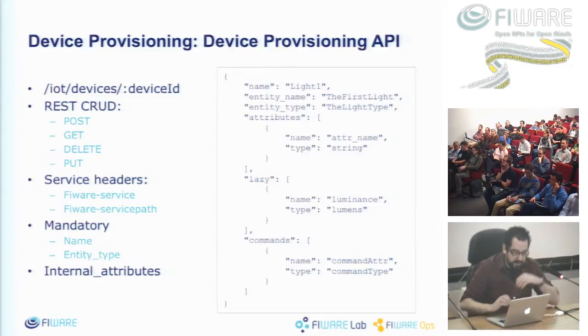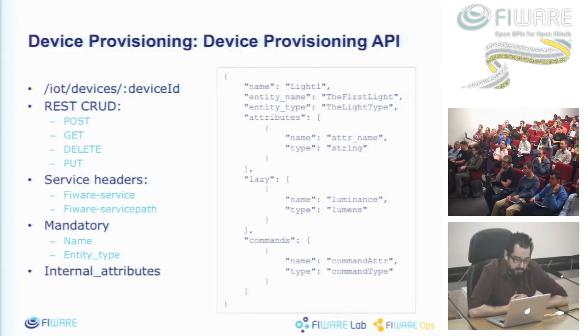Here we have a specific payload for the device provision API to show you what the API looks like. As you can see in the payload, basically the information can be divided in two types.